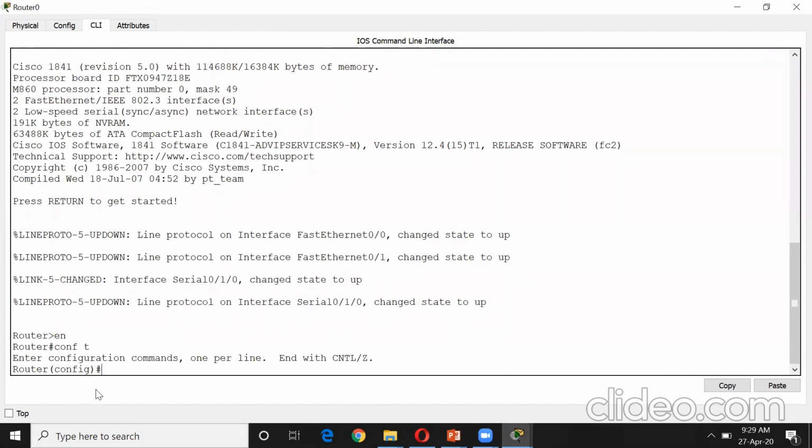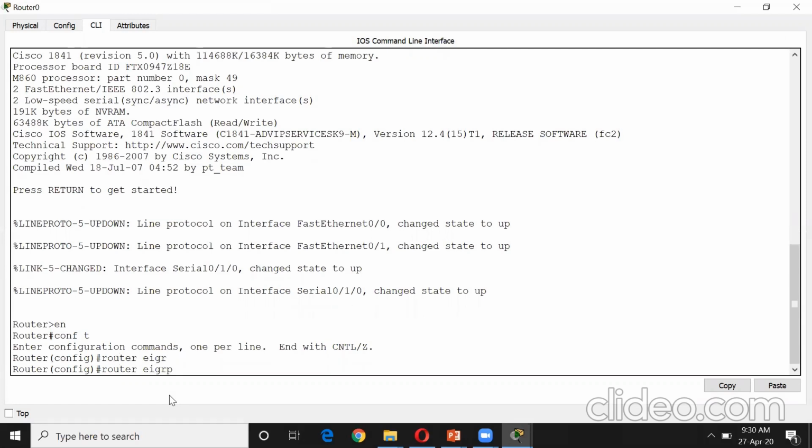Now we are in global configuration mode, and here you can configure a routing protocol, that is router EIGRP, and you need to provide some autonomous system number. Suppose that autonomous system number I have provided, that is 10. So router EIGRP and 10, that is you need to specify the routing protocol EIGRP, and 10 is an autonomous system number.